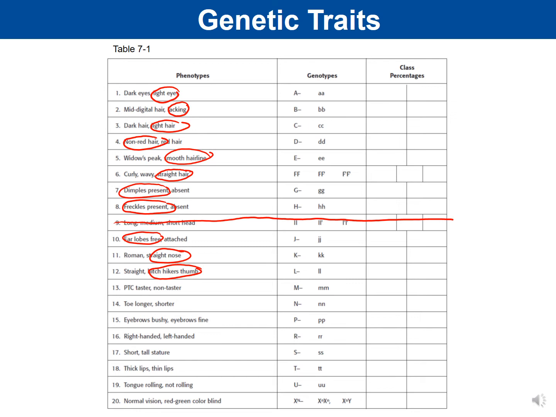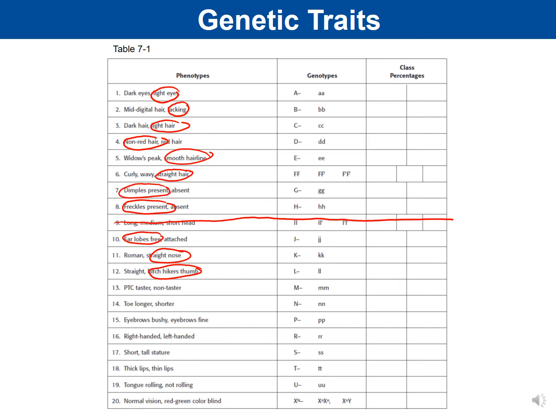PTC taster. PTC is a certain type of chemical, and what we would normally do in class is have you taste this PTC paper and see if you can taste the PTC, which is the chemical that's on the paper. If you could taste it, you would circle PTC taster, and if you could not, you would call yourself a non-taster.